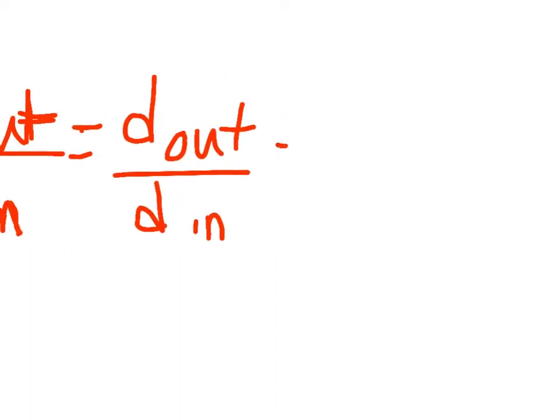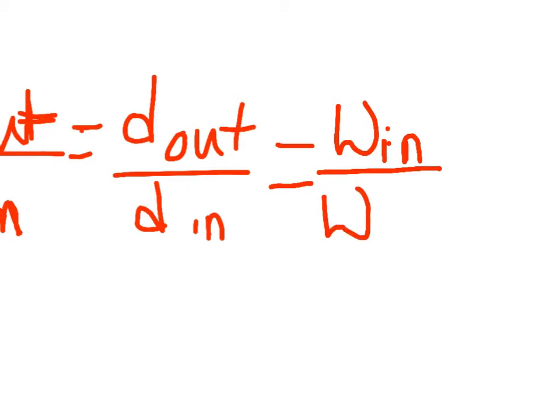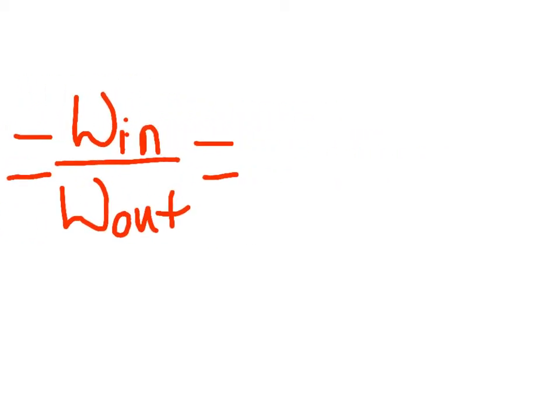Moving on, if we don't know information about the diameter, but we do know the angular velocity or the speed, which would be measured in RPMs, we could look at this W in over the W out. Again, that's the angular speed or velocity. Think of that as RPMs. And we have one more option, because in some scenarios you don't always have all the information to give you the answer right away.